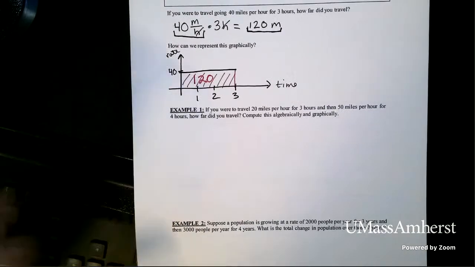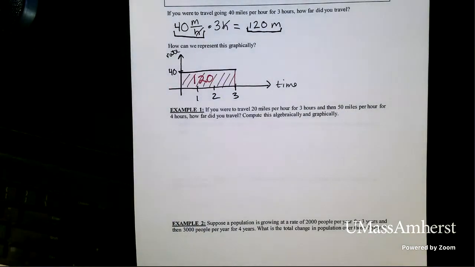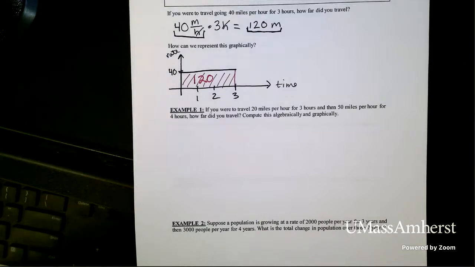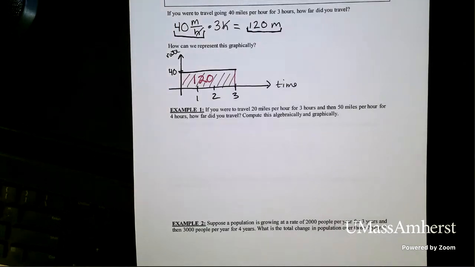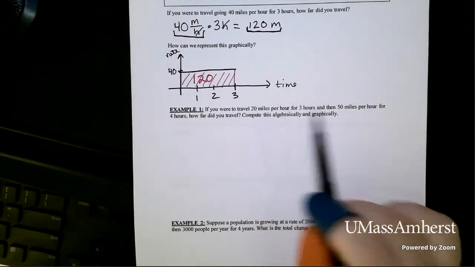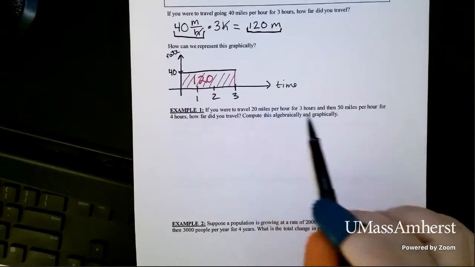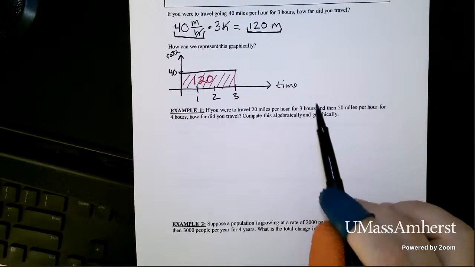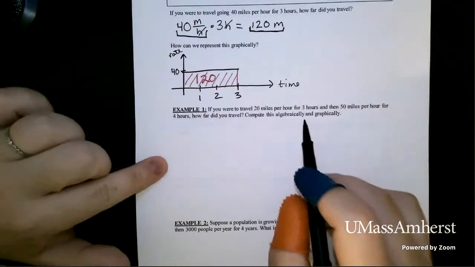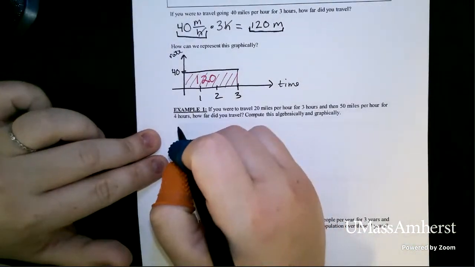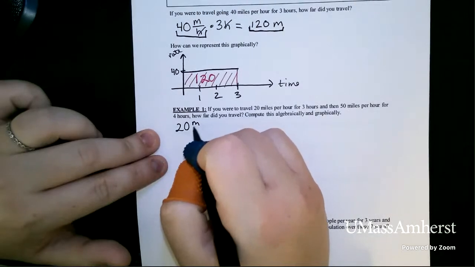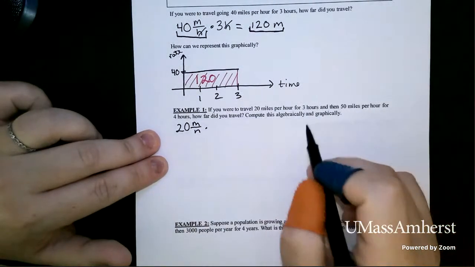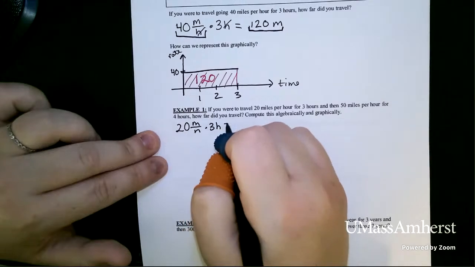All right. So let's do this algebraically first, and then we'll look at how we might set this up graphically. There are 2 different rates in this problem, and each one we connect to a specific amount of time we are at that rate. For the first leg of our trip, we're going 20 miles per hour for 3 hours.